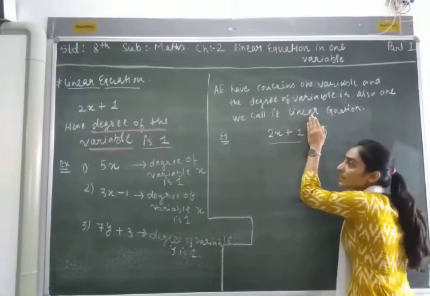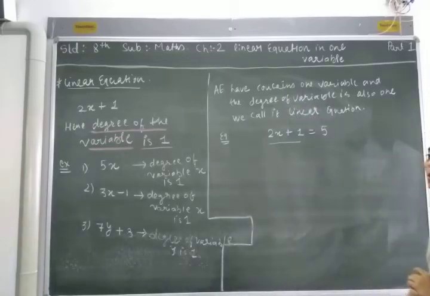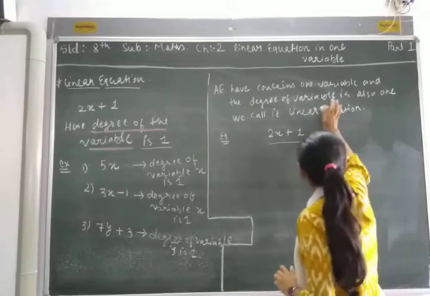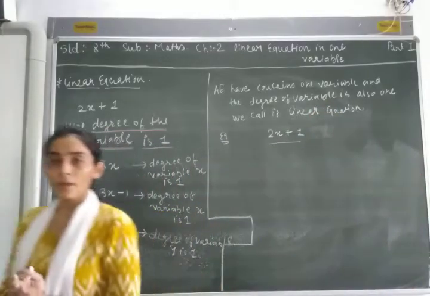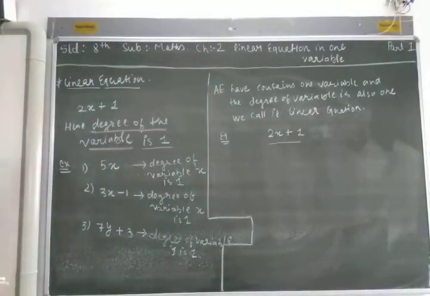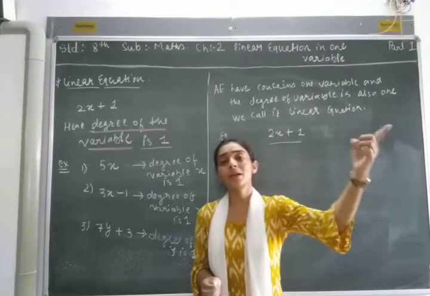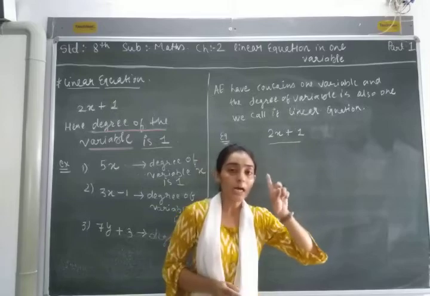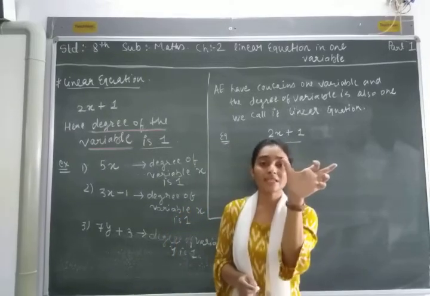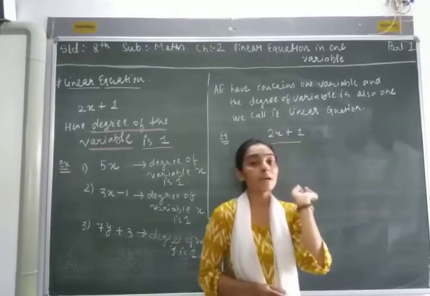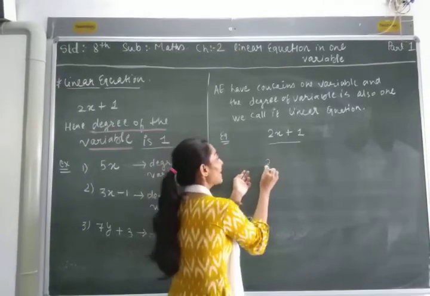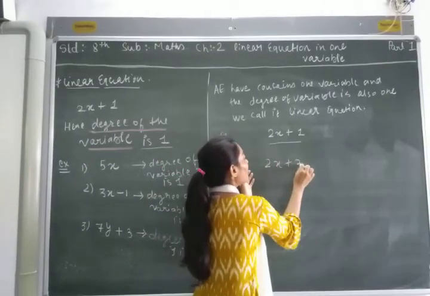A linear equation means the variable degree should be 1 and it contains only one variable in the whole expression, with no other variables like 2x plus 3y.